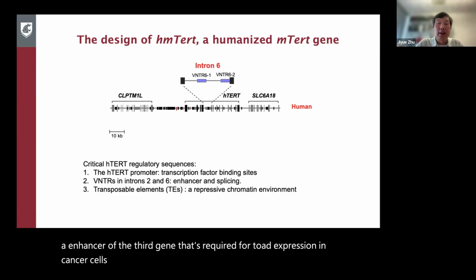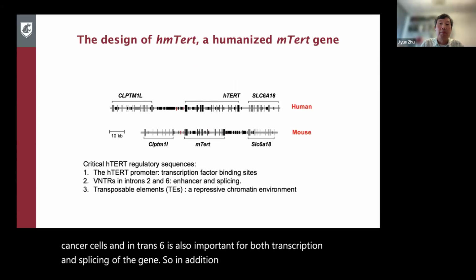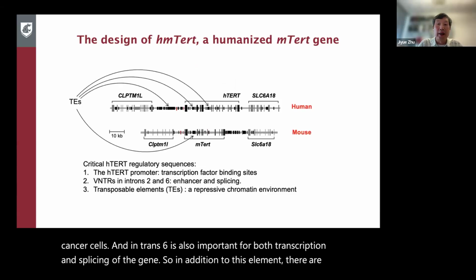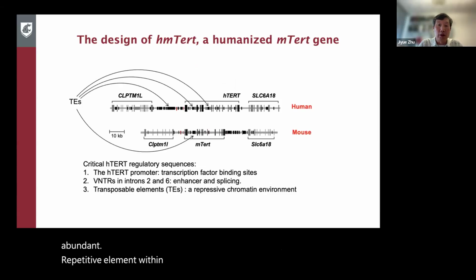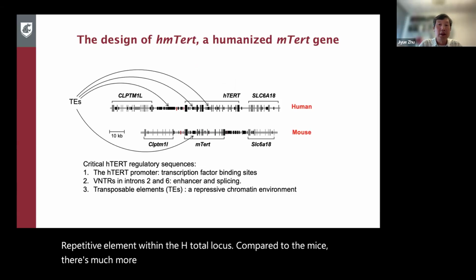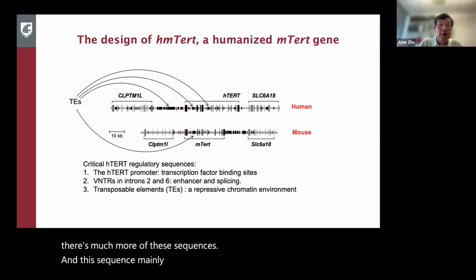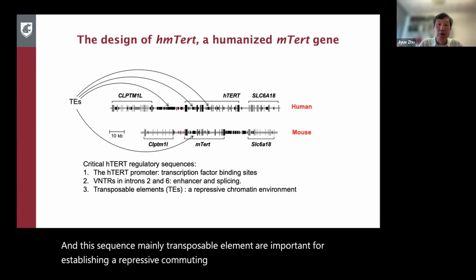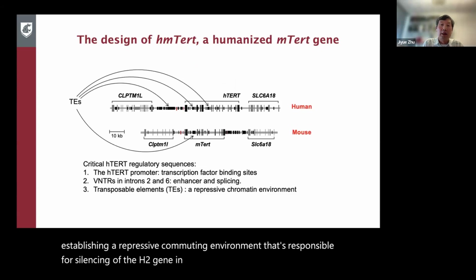Intron 6 is also important for both transcription and splicing of the TERT gene. In addition to these elements, there are abundant repetitive elements within the hTERT locus, much more than in mice. These sequences, mainly transposable elements, are important for establishing a repressive chromatin environment that's responsible for silencing of the hTERT gene in somatic cells.